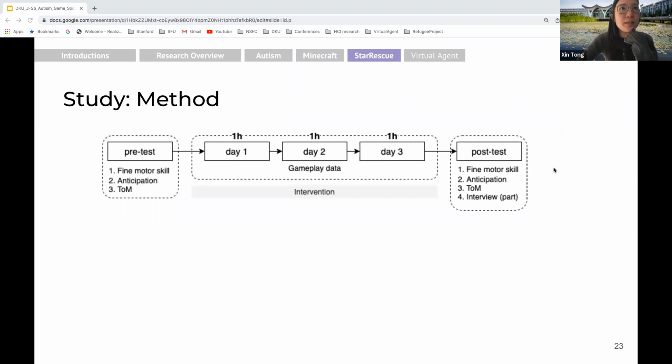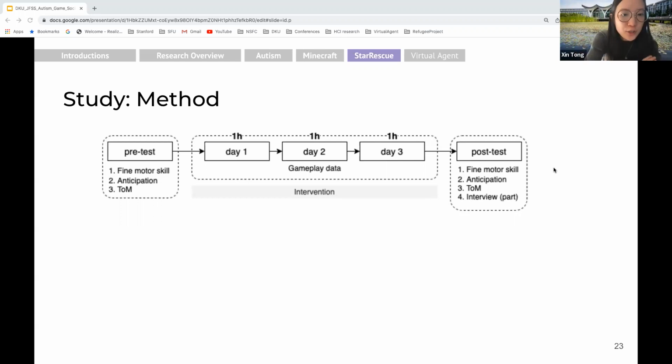So we conducted a 3-day test. The entire study lasts for 12 days. And this happened this summer in Qingdao in China. In the pre-test and post-test, we measured their fine motor skills because in the Minecraft test, we found hand-eye coordination is a big problem for these children, even though they're high functioning.